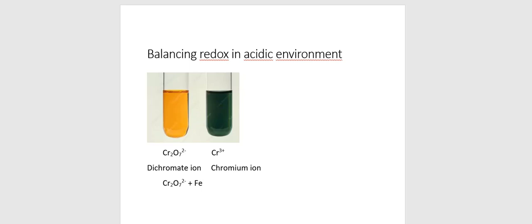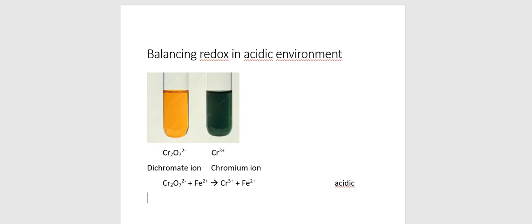Iron 2 ion becomes chromium ion and iron 3 ion. And that will happen in acidic environment.